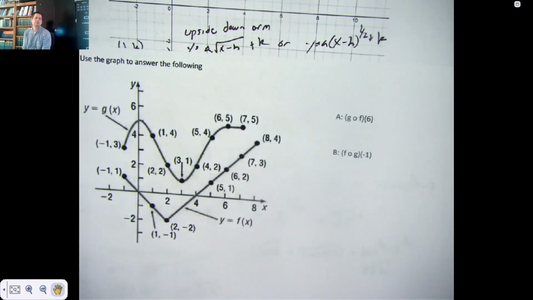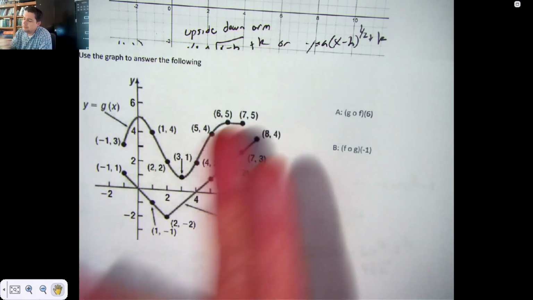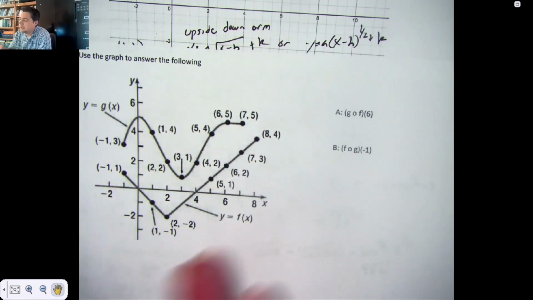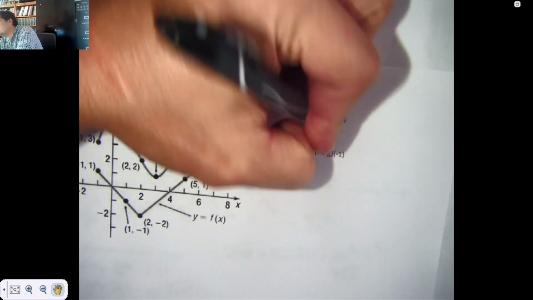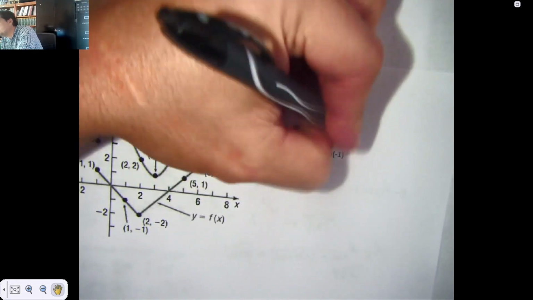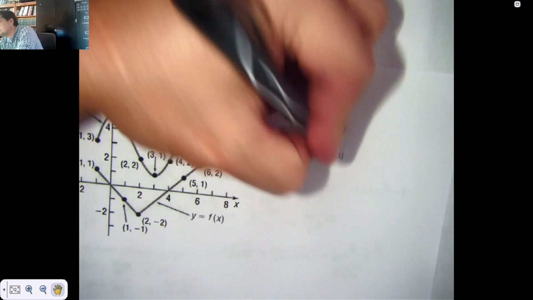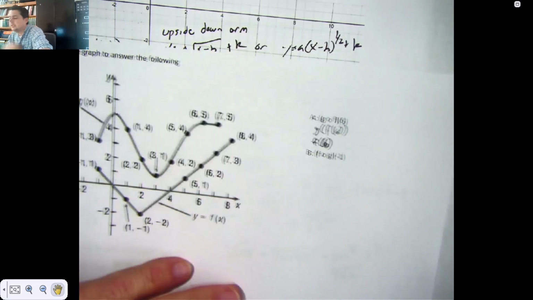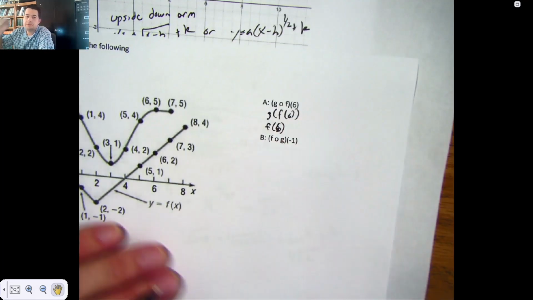All right, we'll use the graph, something I never talked about in class. Use the graph to answer the following. You're told that this is the top one, g of x, and here's the bottom one, f of x. You're supposed to find g of f of 6. So what you really care about first is figuring out what f of 6 is. Right? Because it's g parentheses f parentheses 6.